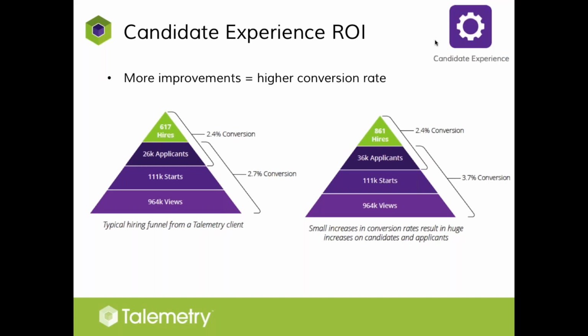And as you can see now, those same 964,000 views turn into 36,000 applicants, or an additional 10,000 applicants, by improving that conversion rate through all the capabilities that we are proposing to adopt within our recruitment marketing capabilities. And those 36,000 applicants, all things being equal, if you hold the same applicant to hire ratio, turns into 861 hires. So that's an additional almost 250 hires.